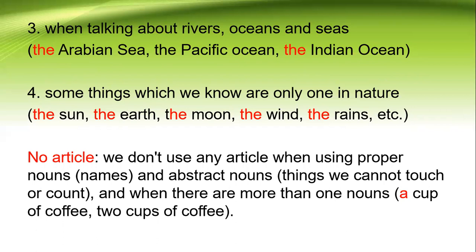So a cup of coffee, instead of saying one cup of coffee, we say a cup of coffee. And two cups of coffee, before two we don't use any article, we don't say "the two cups of coffee" or "a two cups of coffee", only two cups of coffee. So when there is more than one noun, you don't use any article, right?